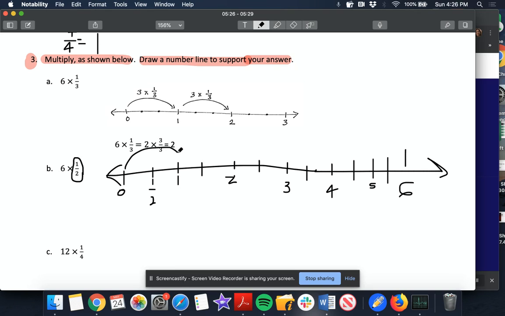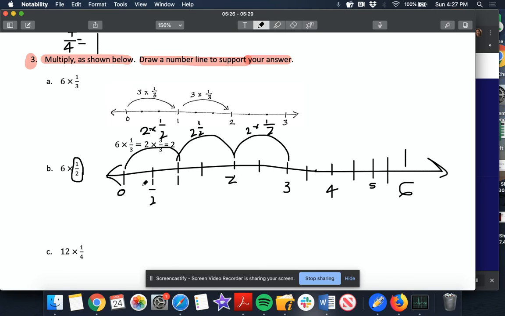If I hop over, so this is 1 hop, 2 hops, 3 hops, okay? So I have 2 times 1/2, 2 times 1/2, and 2 times 1/2.